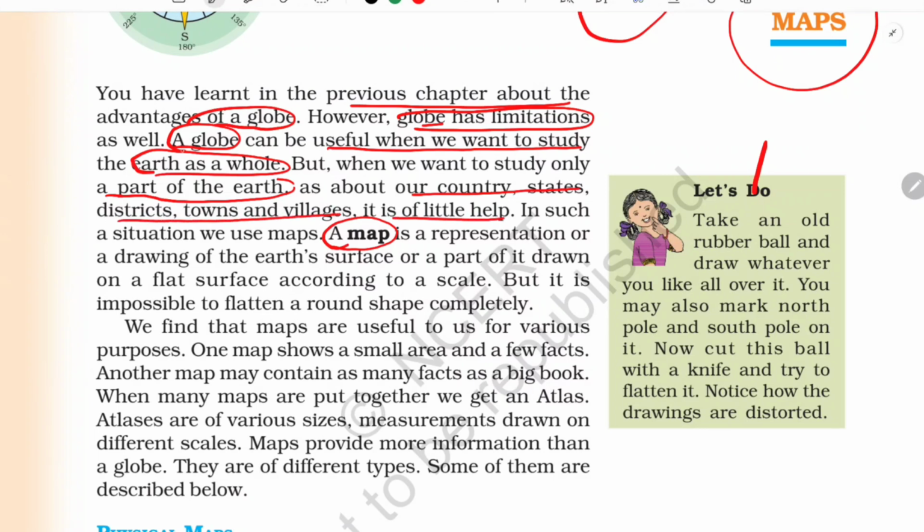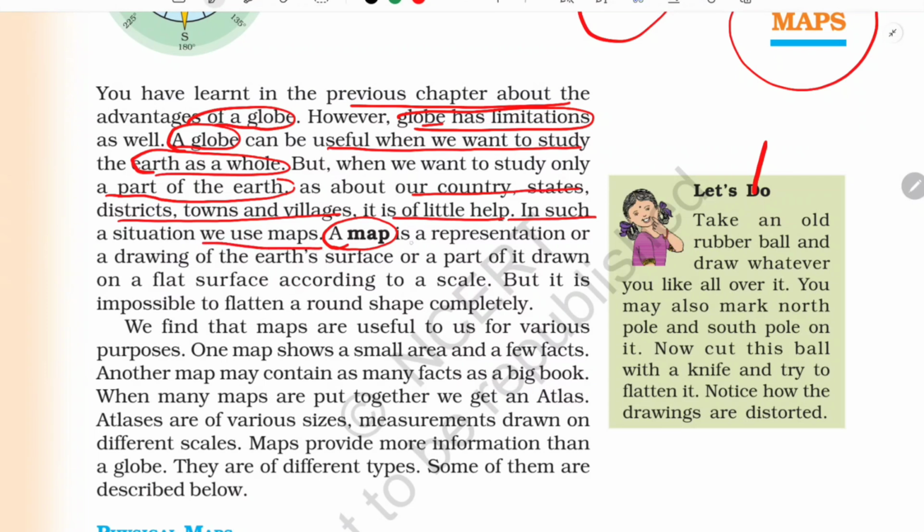Means a globe will not help you if you want to study some parts of your country, and you will not be able to understand properly. But in such a situation, who will help you? A map will help you. So in such a situation we use a map.